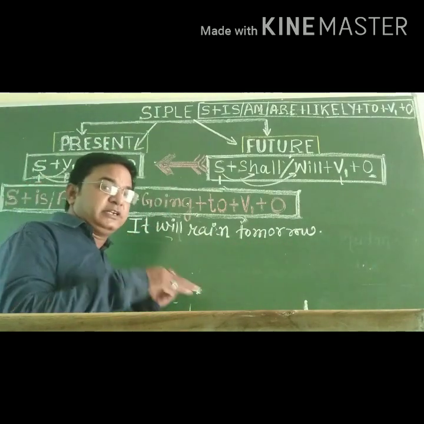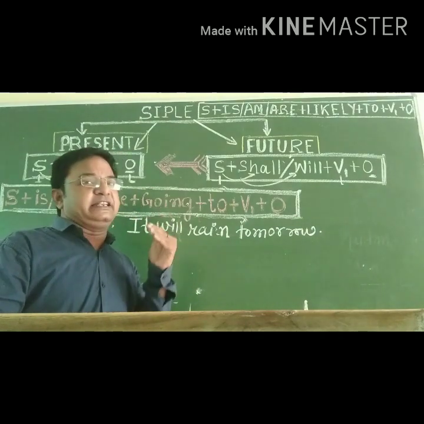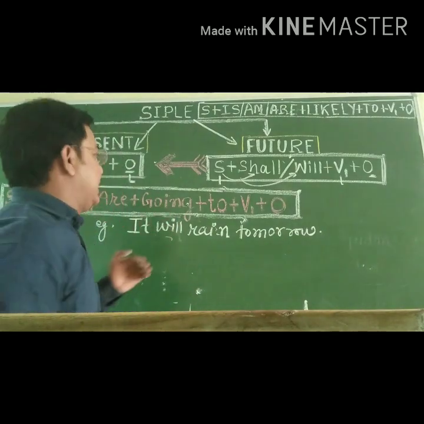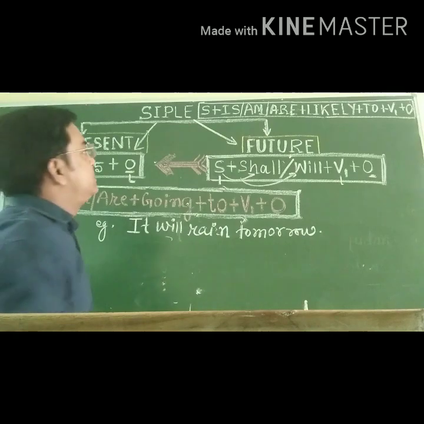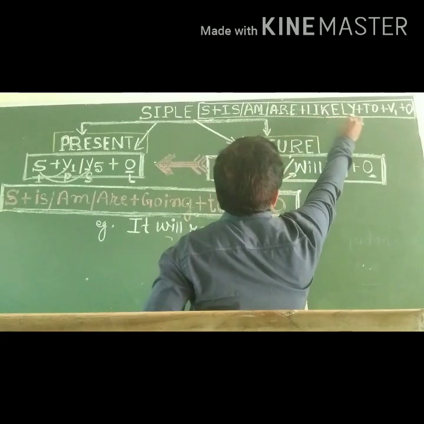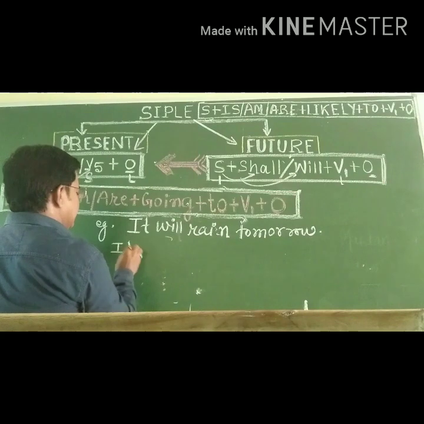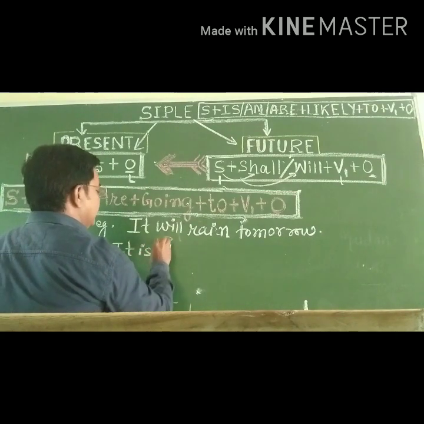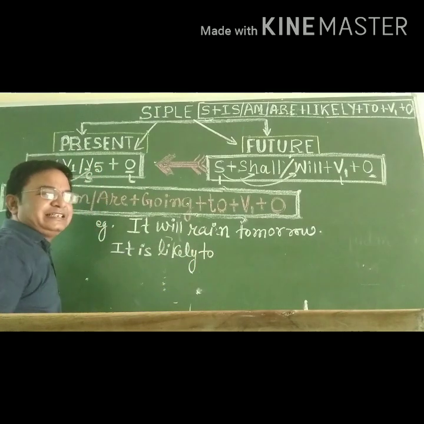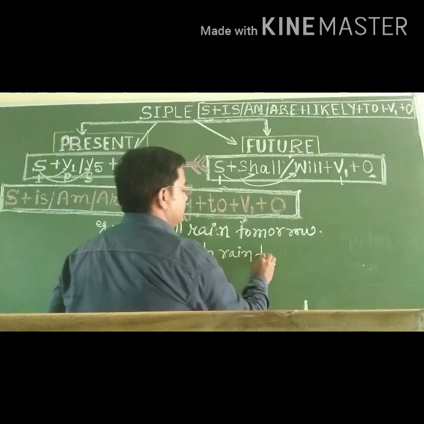We have to convert it into the most appropriate sentence. In that condition, we will use subject plus is/am/are plus likely to plus V1 plus object. It is likely to rain tomorrow.